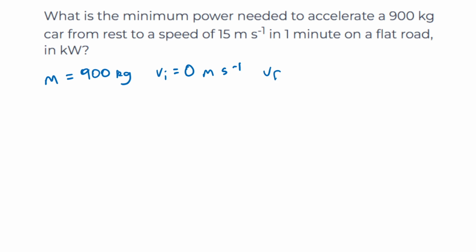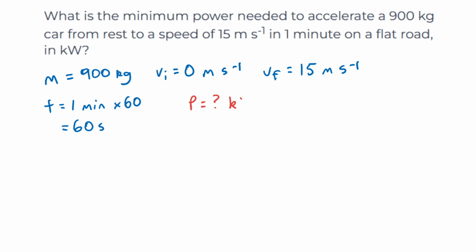The final velocity, Vf, is 15 meters per second. Time, or T, is 1 minute. We need to convert this into seconds, so multiply by 60, and time is equal to 60 seconds. We have been asked to find the minimum power in kilowatts, so P equals question mark in kilowatts.